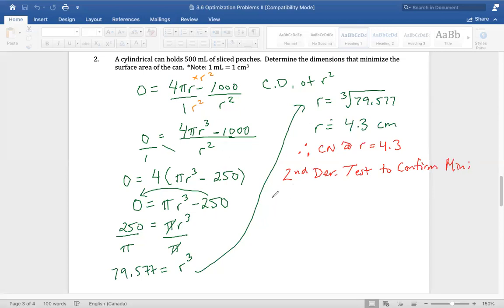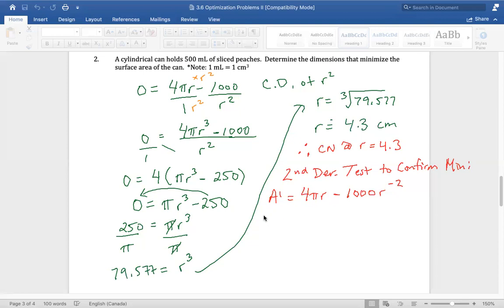No. So let's write out my first derivative where I have everything on top, where I have a negative exponent. From prior to this, it was 4 pi r, check your notes from up above, make sure you know where I'm talking about, minus 1000 r to the negative 2, right? That was my first derivative.